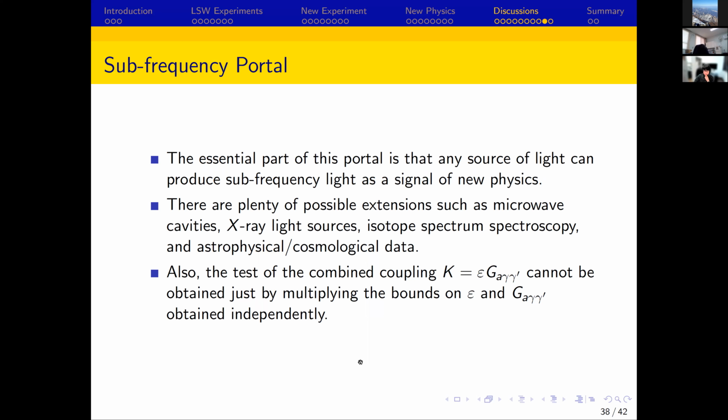Also, a test of the combined coupling kappa cannot be obtained just by multiplying the bounds on the vector photon and the dark axion photon obtained independently, because previous constraints on these two parameter spaces do not consider the combined effect we suggested. So if this decay type of new physics can happen, then these bounds must be reconsidered and revisited.